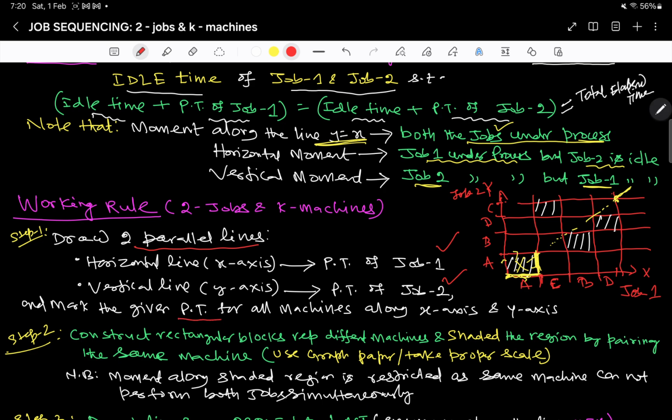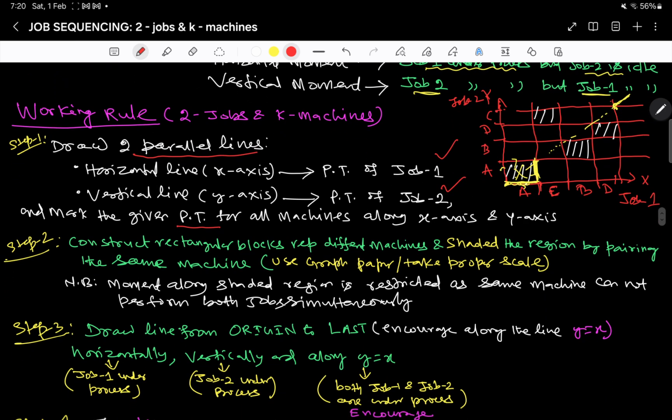We mark the processing times along the x and y axes, construct the rectangular blocks as we did, and shade the regions by pairing the same machines. Preferably we use graph paper. If not, we take a proper scale to behave like graph paper. Now, as I have told, movement through the shaded region is restricted.